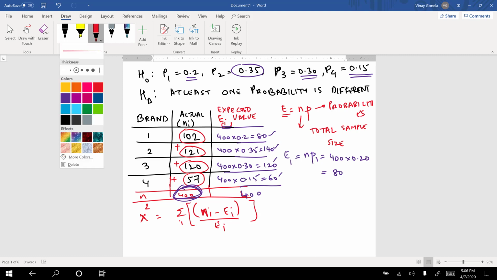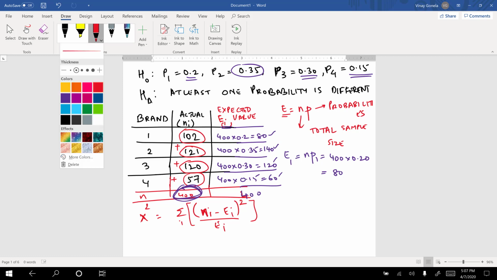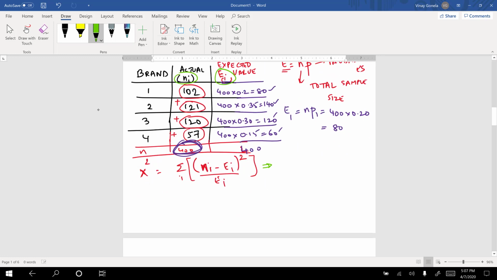So now I have EI values here, and then I have NI values. I can plug those values into the chi-square formula. This is how you are going to calculate chi-square.